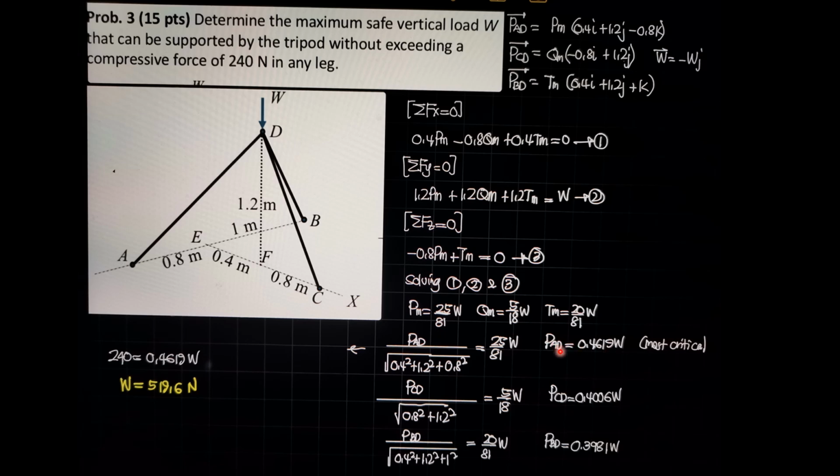Therefore, we equate the capacity of each leg, which is 240 newtons, to this force 0.4619 W, and we obtain W equals 519.6 newtons. So this is the safest load W that the tripod system can carry. So that's it for this quiz.